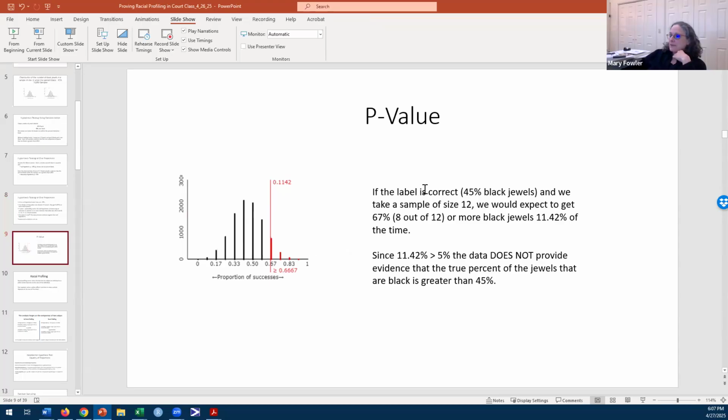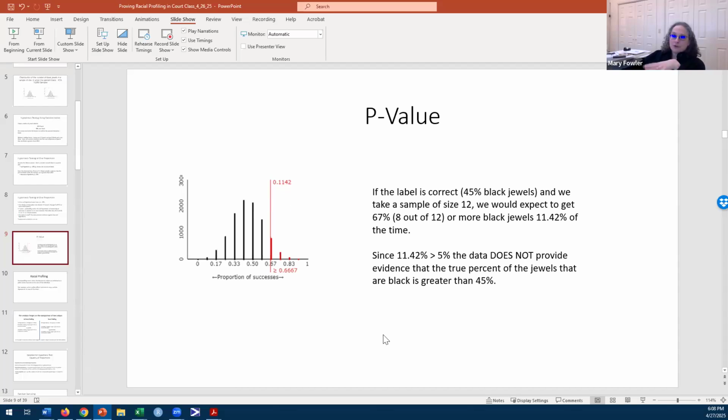What we got was that if the label is correct and there are 45% black jewels, and we take a sample of size 12, we would get 8, 9, 10, 11, or 12 black jewels, according to our simulation, 11.42% of the time.